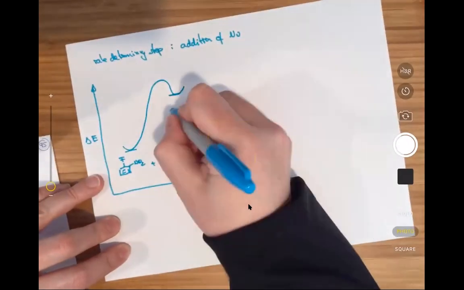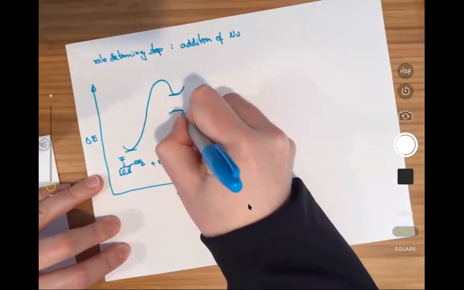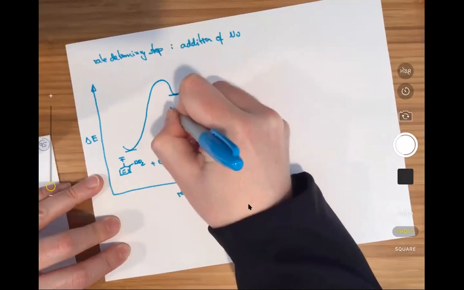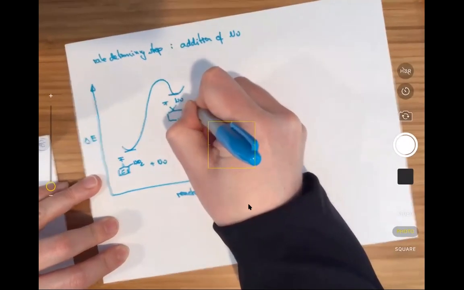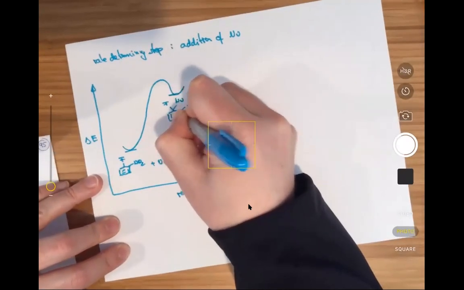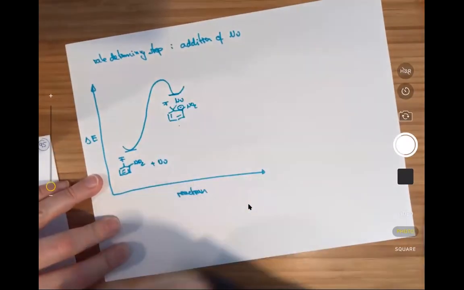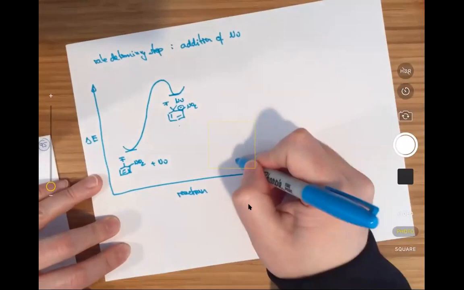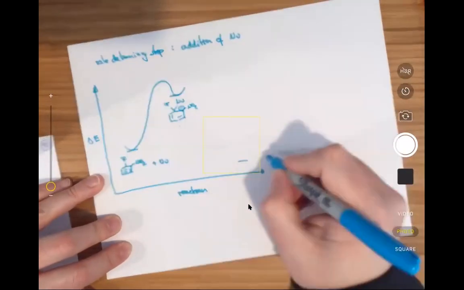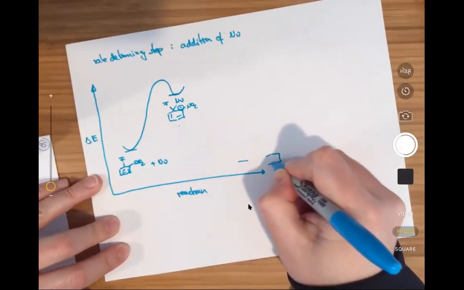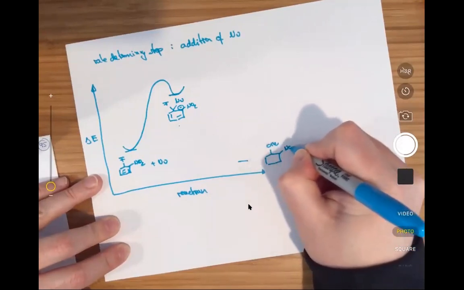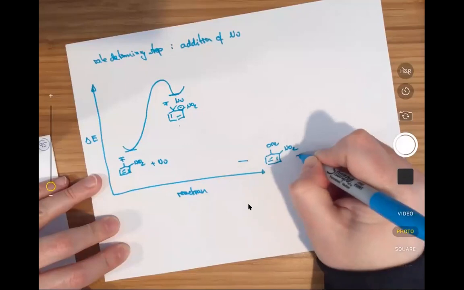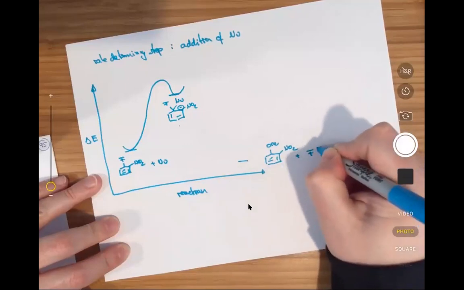So over here you have all the possible resonance structures. I'm just going to draw one now. So nucleophile, NO2, and let's put the negative charge over here. And from there on, it usually goes down in energy towards the products, where you then have OMe, NO2, plus, in this case, F minus.